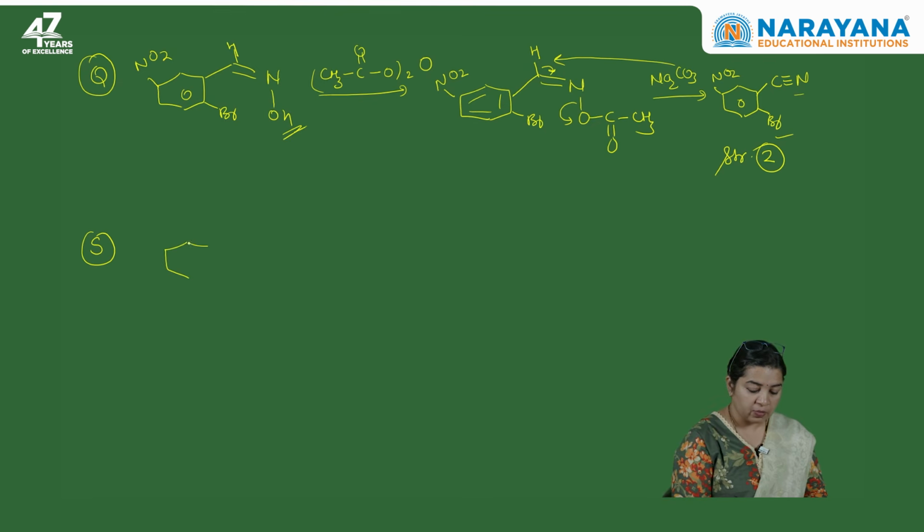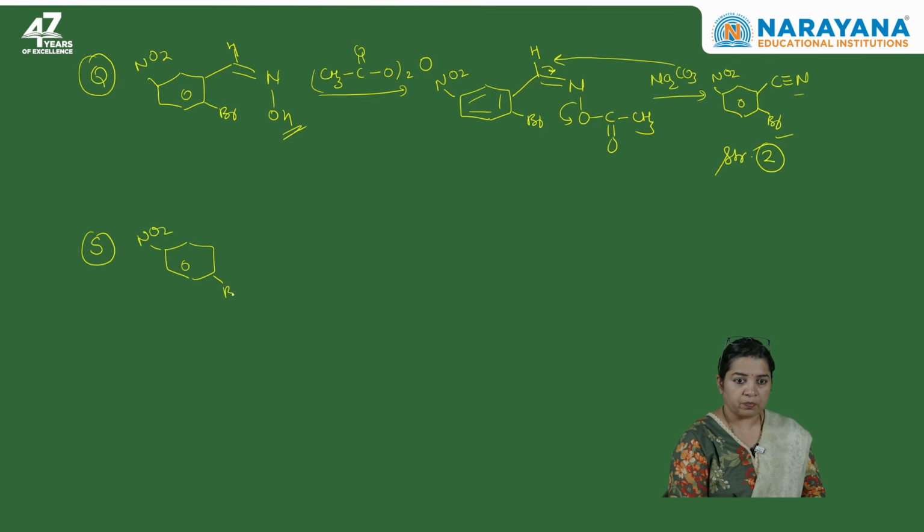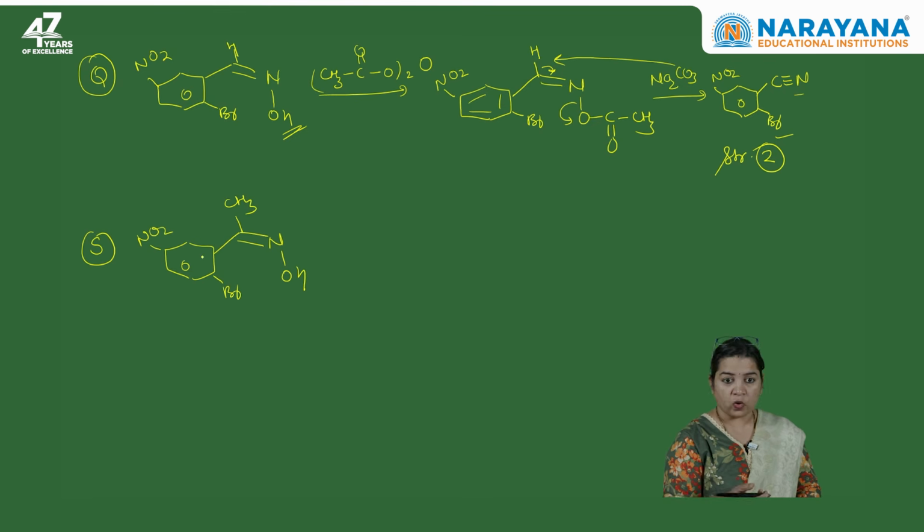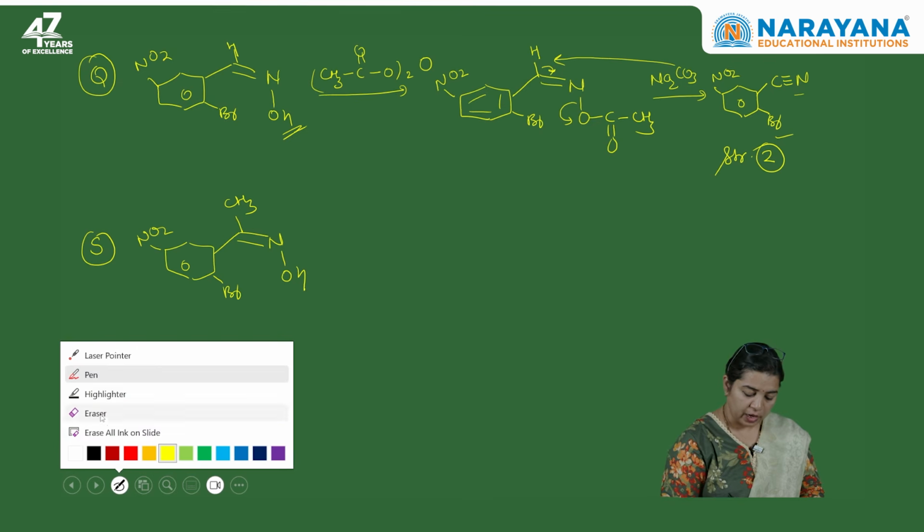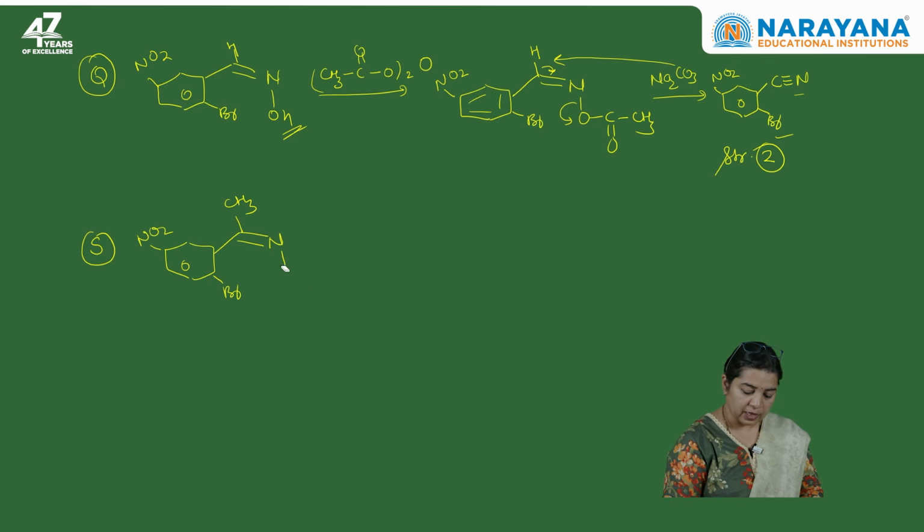If the same thing is asked on ketoxime, bromine C double bond N OH. Oh, let me see, they have already given the acetylation done prior. So I don't have to do the acetylation.